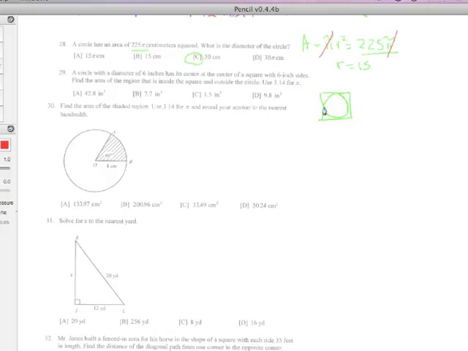This diameter is 6, and this side of the square is 6 also. So to get this area, what's inside the square but not inside the circle, we take the area of the square and subtract the circle. So it's the square minus the circle is going to equal our answer.